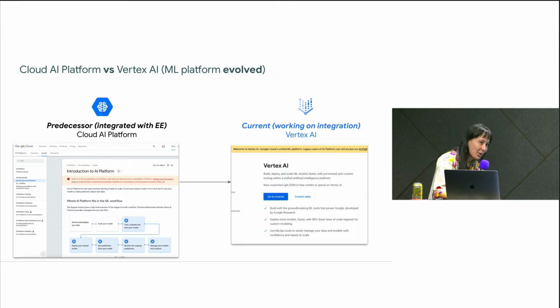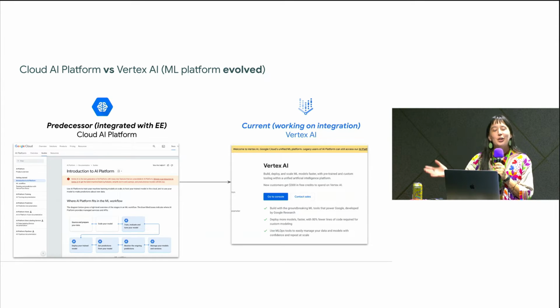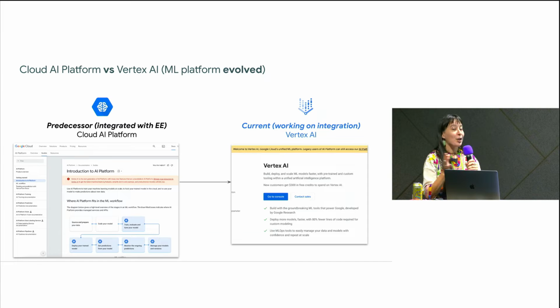A quick note: Vertex AI is the latest ML platform from Google. Some of you may be familiar with its predecessor, Cloud AI Platform. If you are currently using AI Platform, no problem, but in the future, as you're creating new models, the product team recommends using Vertex AI. AI Platform is currently integrated with Earth Engine, and we are working on the integration for Vertex AI.